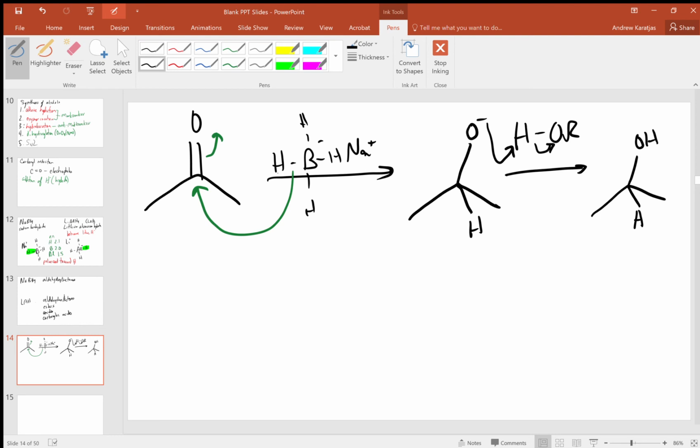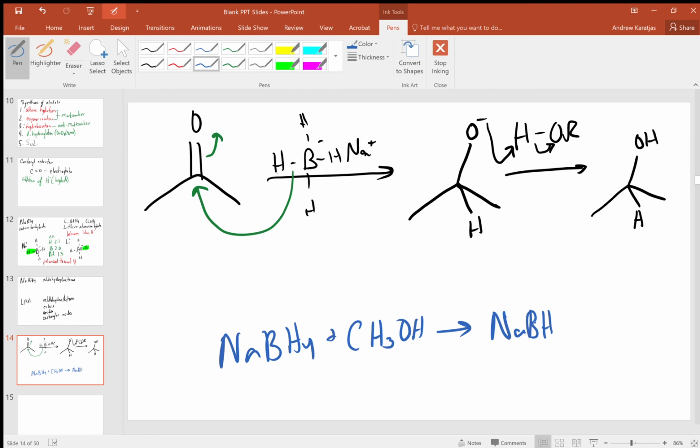Now, this is what we show as the mechanism in this course. In reality, this mechanism ends up being a lot more complicated because it's thought that the sodium borohydride is capable of reacting with, say, methanol as the solvent, to form all sorts of intermediates where one or more of the H's on sodium borohydride have been replaced by the alcohol groups.